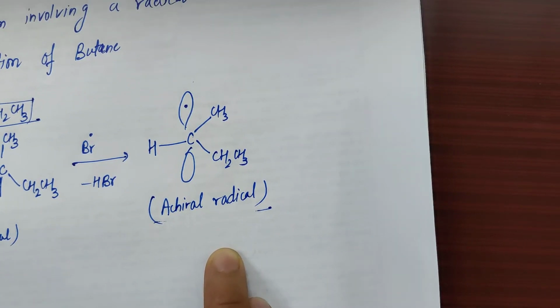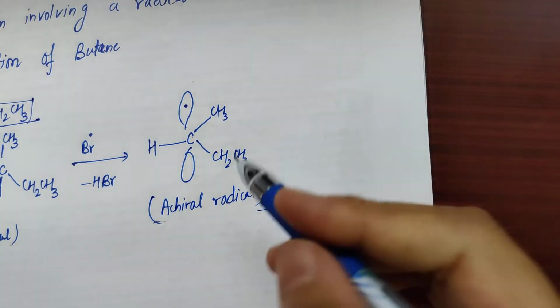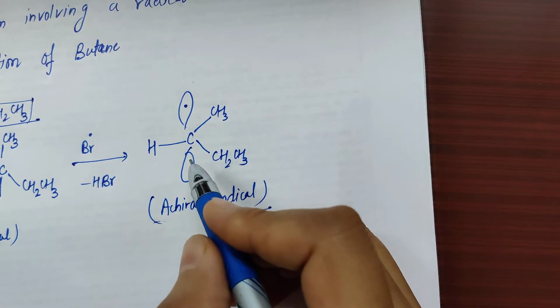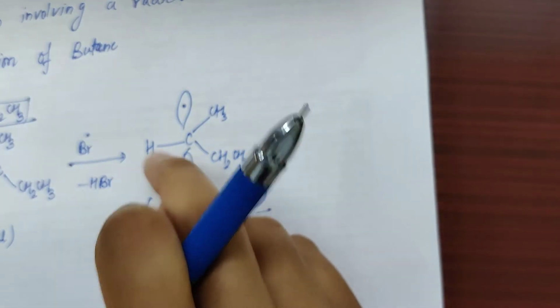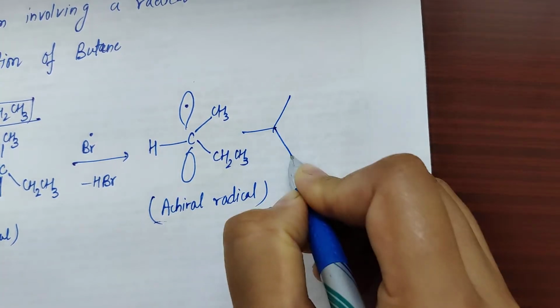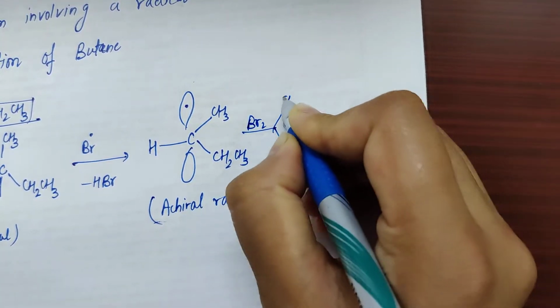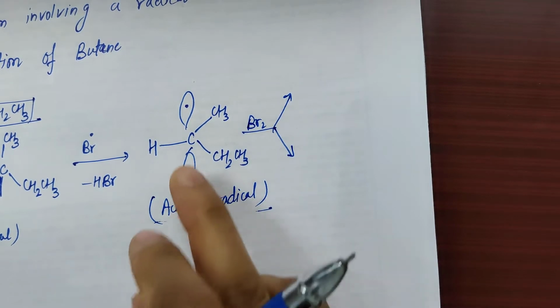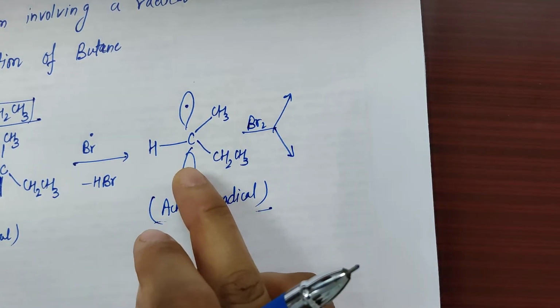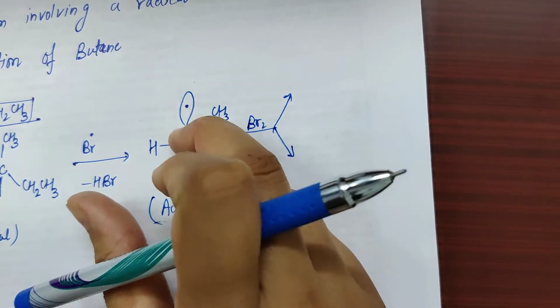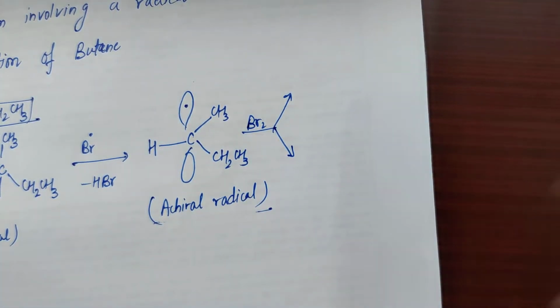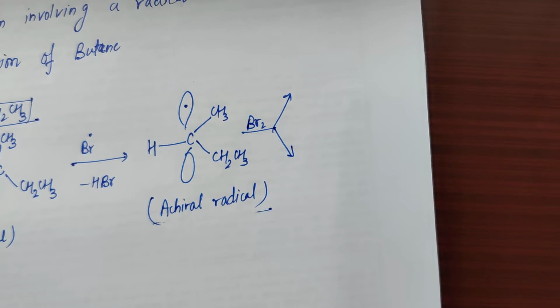Now what are the possibilities? What happens now? This radical will attack a Br2 molecule. There are two possibilities, that the Br radical joins from below the plane or above the plane, similar to the addition of hydrogen that we discussed in the case of butanol.